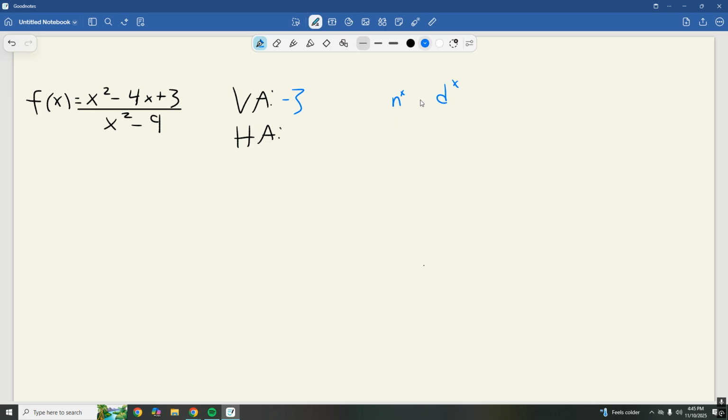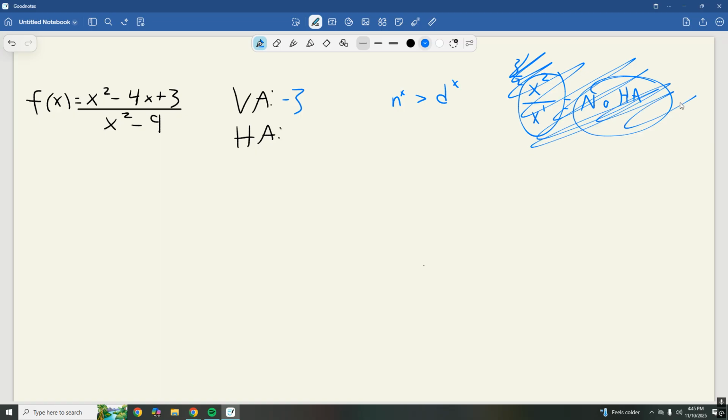When the numerator exponent is greater than the denominator exponent, say x to the second power over x to the first power, this means that there is no horizontal asymptote, that it doesn't exist, and you don't have to worry about it at all. So if you see something like this, or 3 over 2, anything like that, means there's no horizontal asymptote.